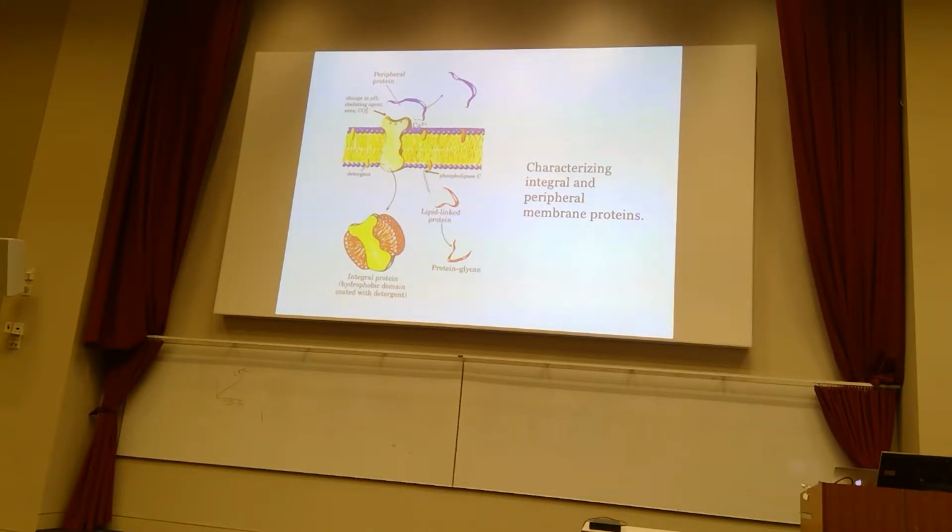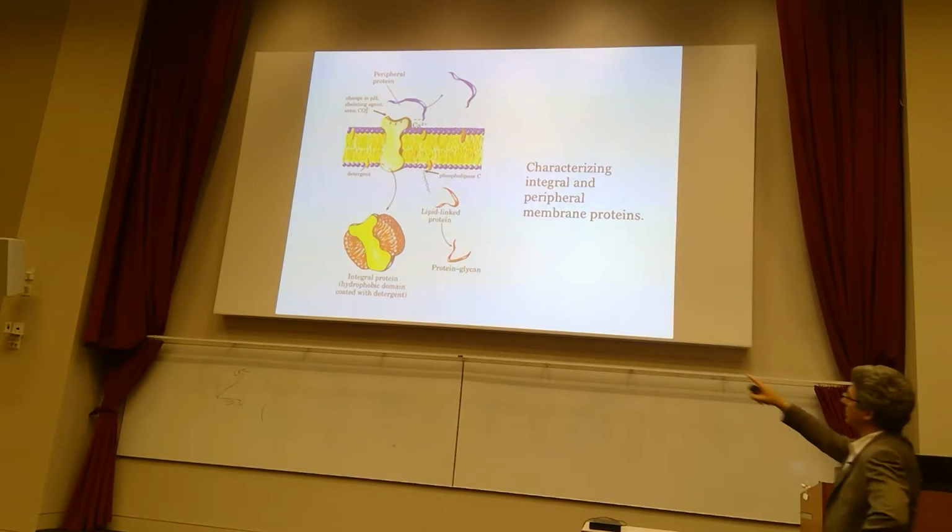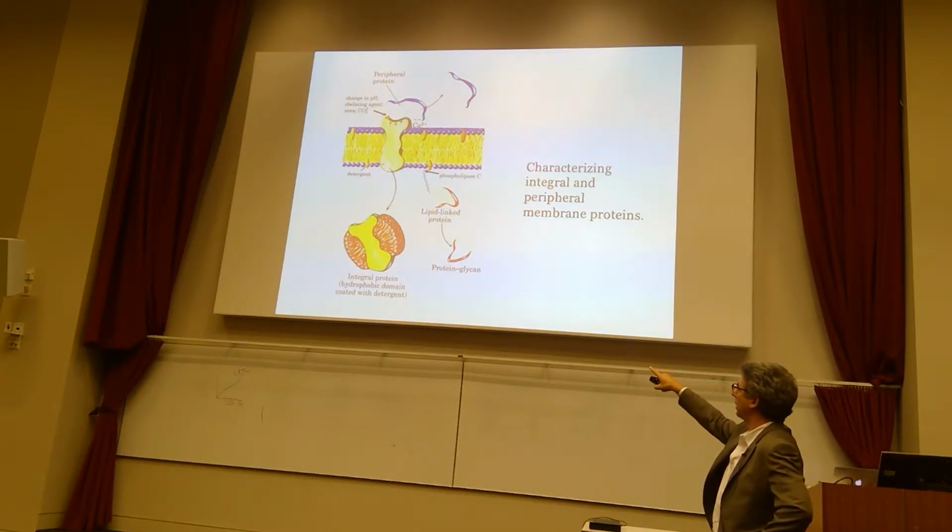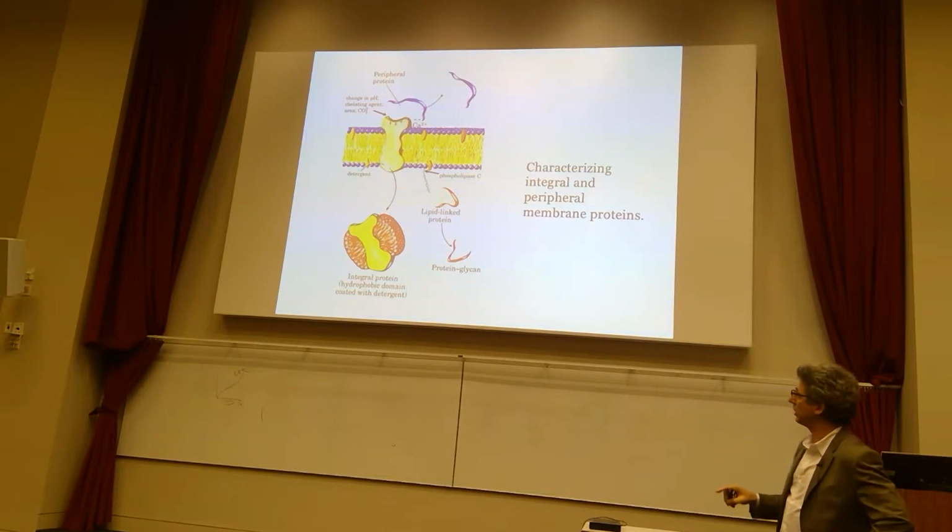The way we're going to liberate that is enzymatic cleavage of that anchor. One enzyme that could be used is phospholipase, which will clip off that lipid anchor and liberate the protein. But in order to release our membrane proteins, we really need to add strong detergent.